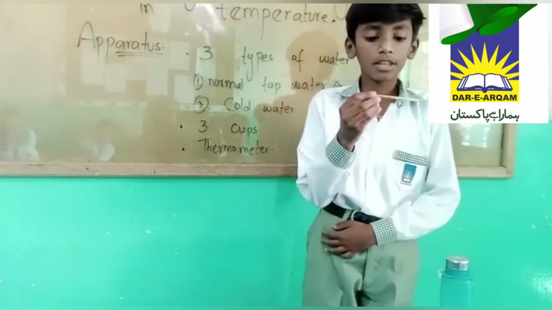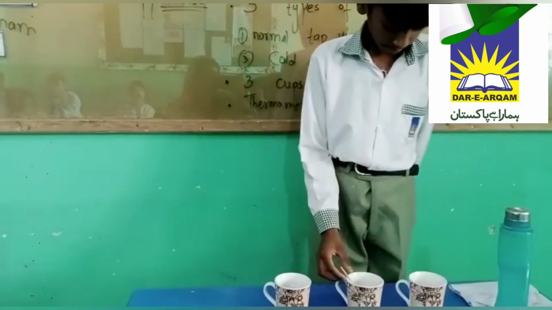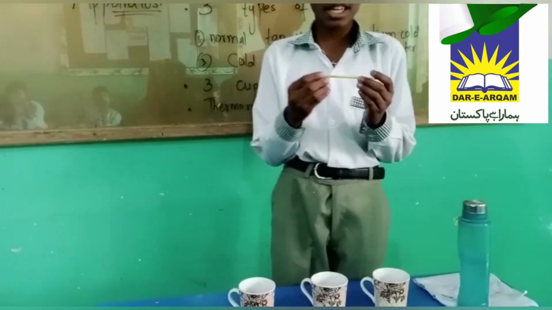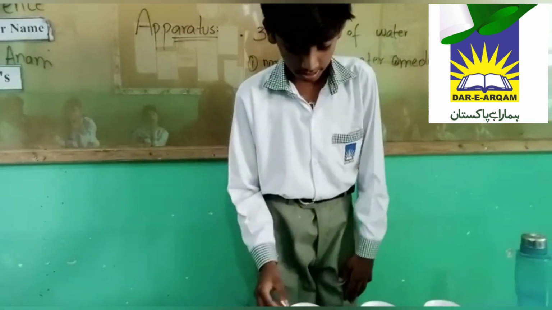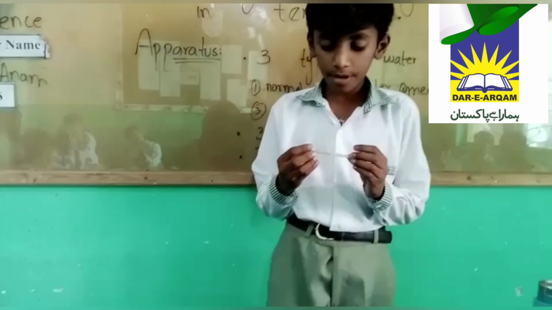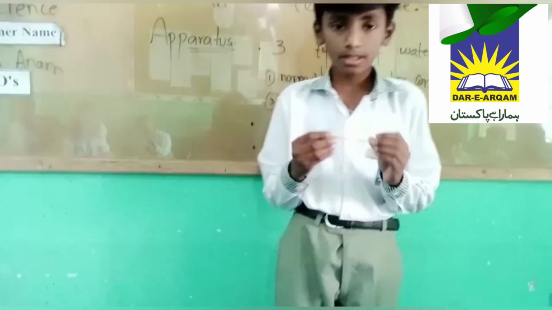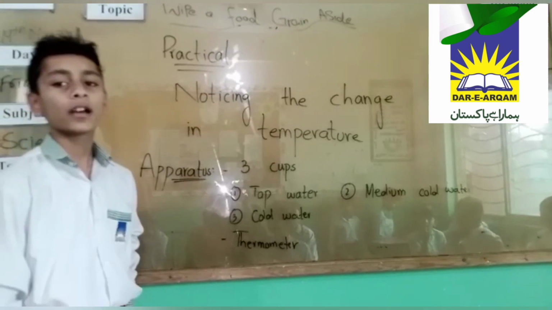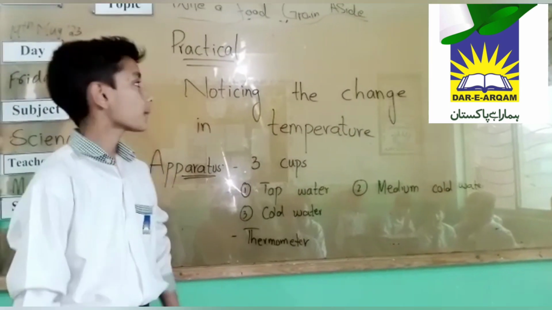The temperature is 30 Celsius. The temperature is 15 Celsius. The temperature is -2 Celsius.